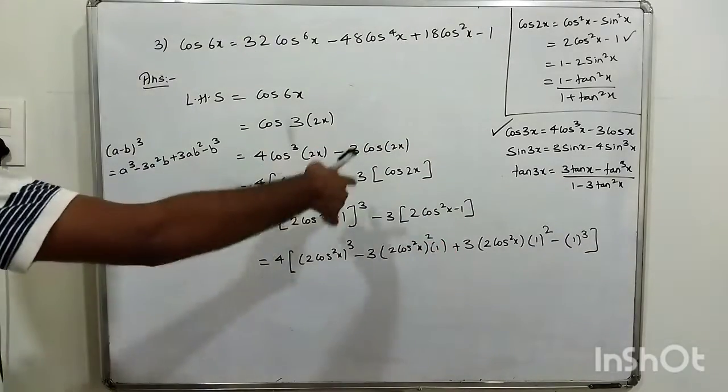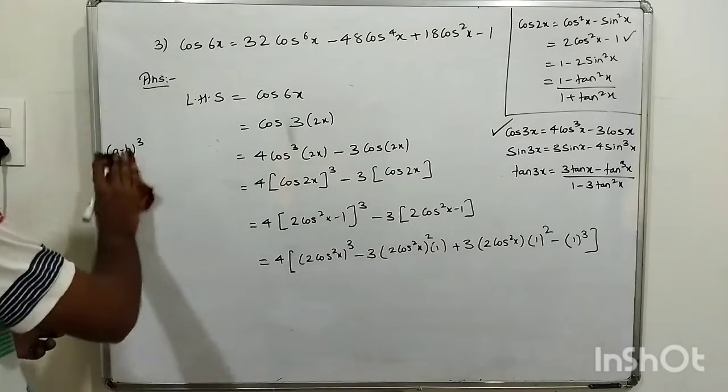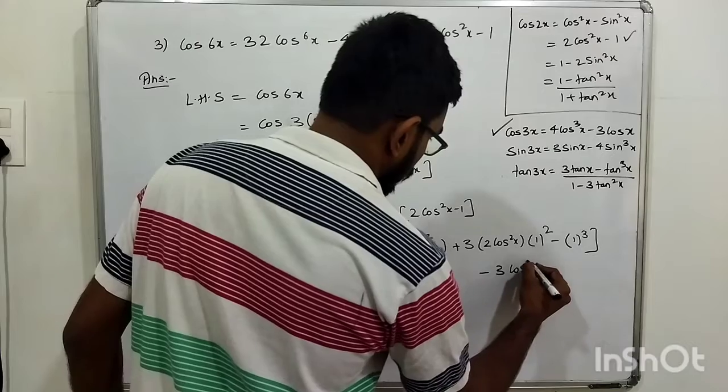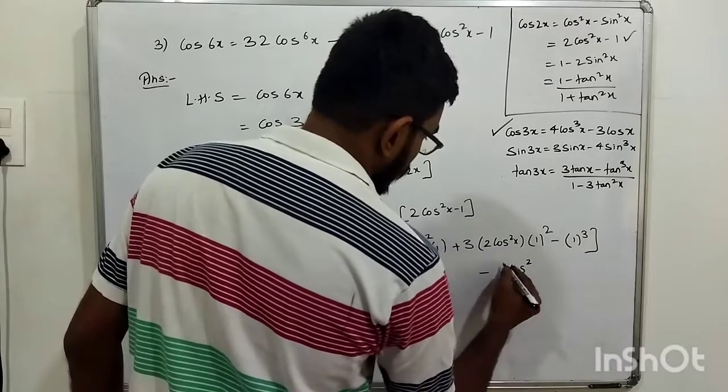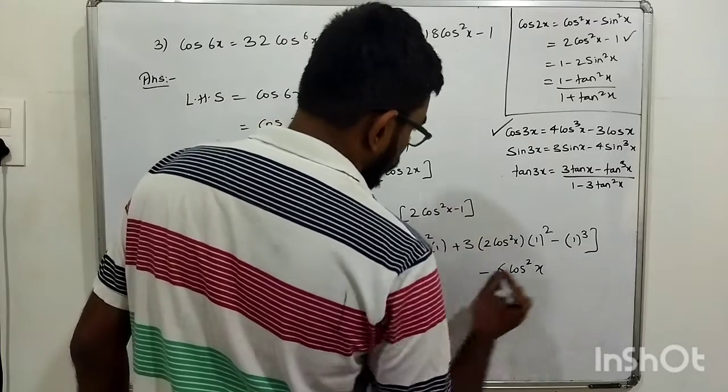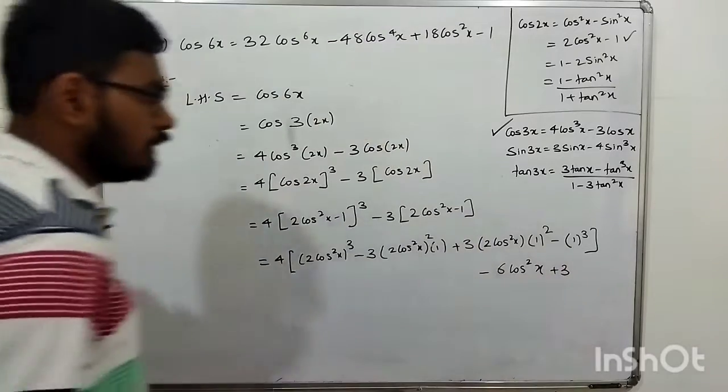This is there minus that term, okay, minus that term, minus 3 into 2 cos square x minus 1, and minus into minus plus 3, okay.